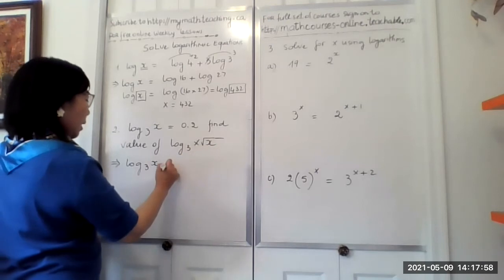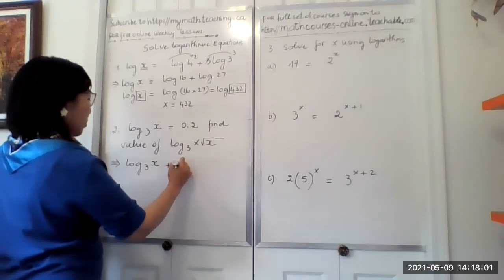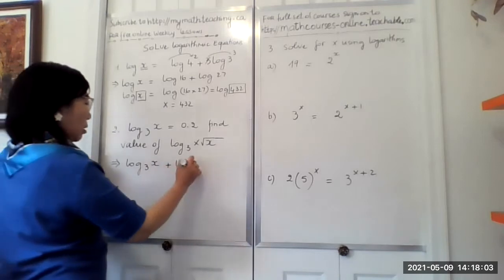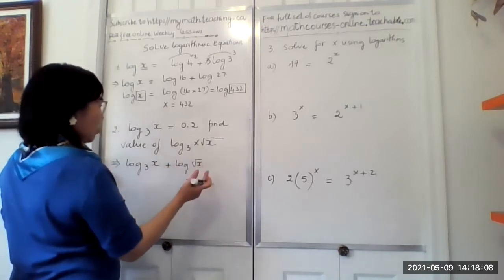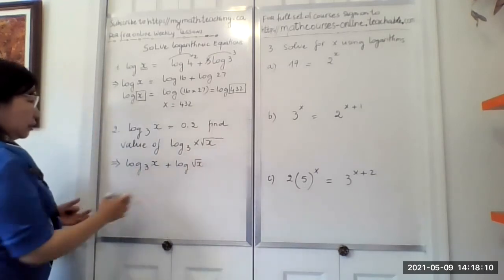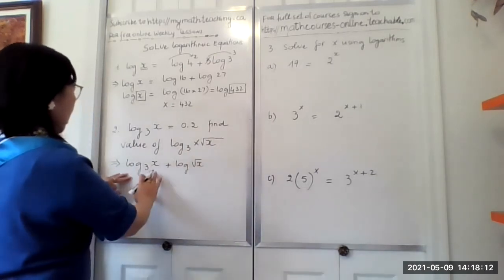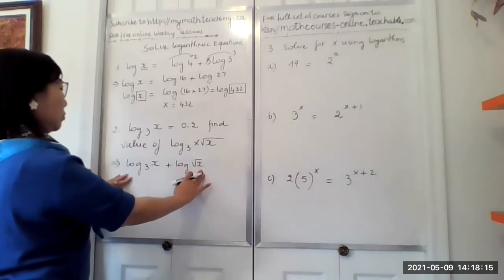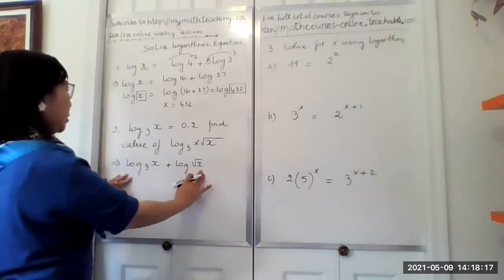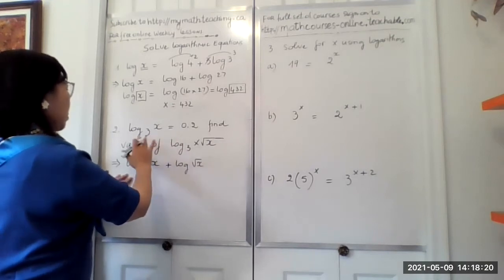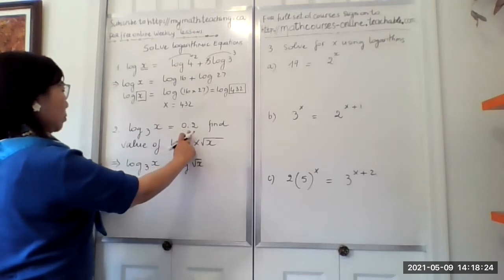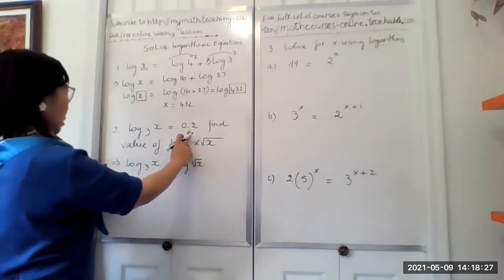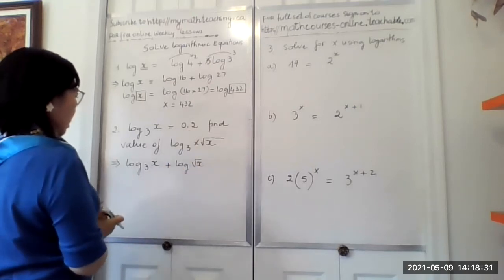Now this is multiplication, so I can change it to adding log of square root of x. Let me just leave that for now. So we have log base 3 of x adding with log of the square root of x if we separate. This number and this number equal 0.2. Okay, let me see.